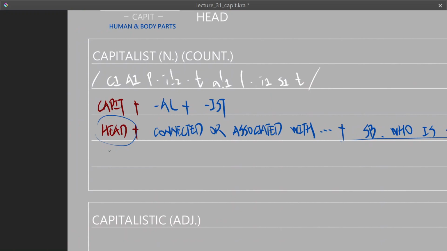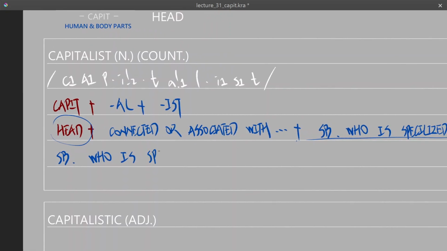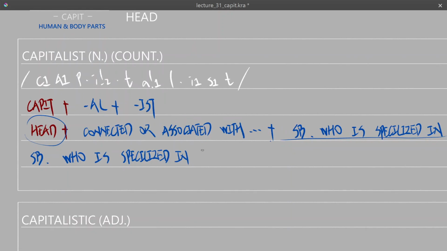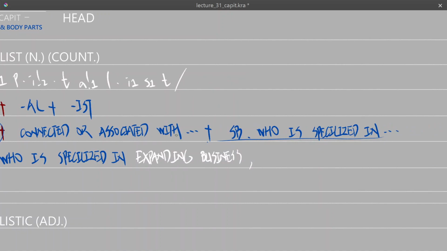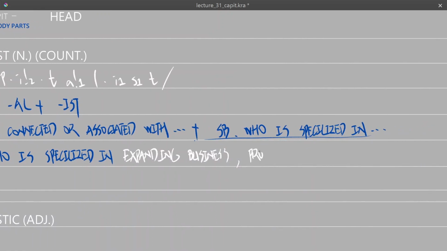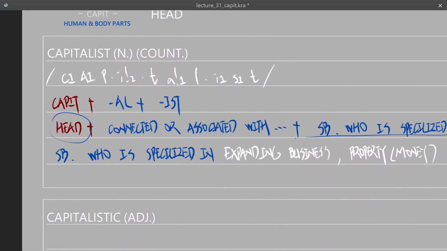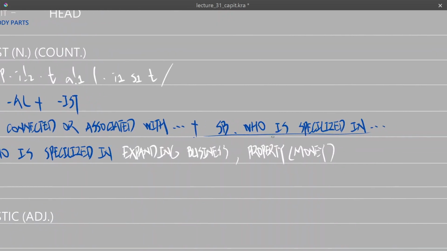Alright, so capitalist means somebody who is specialized in expanding business, property, money, for example.